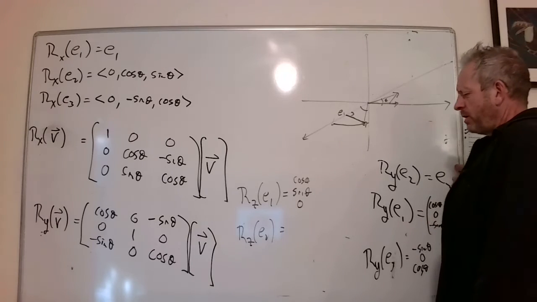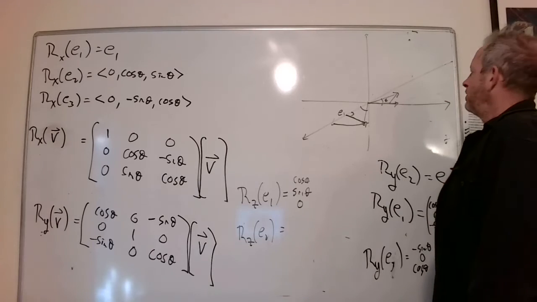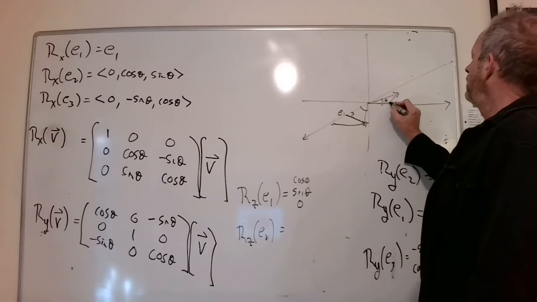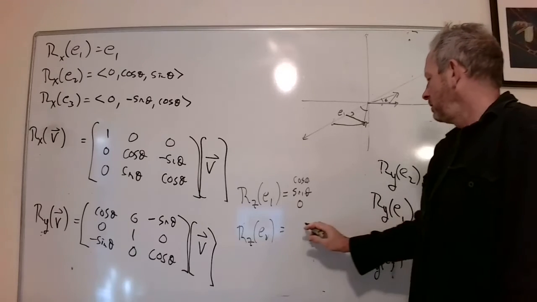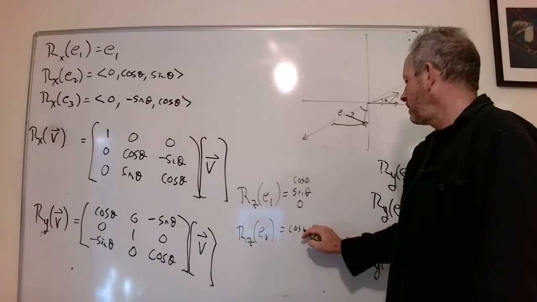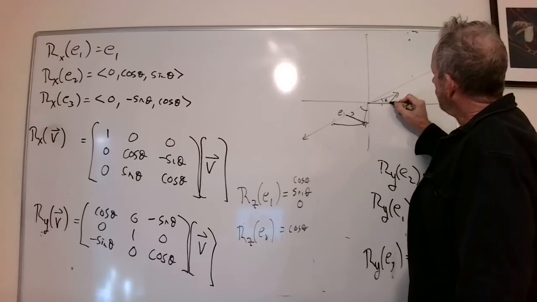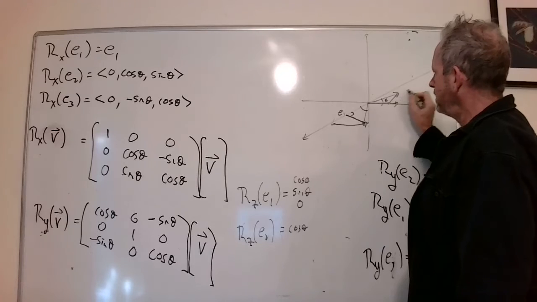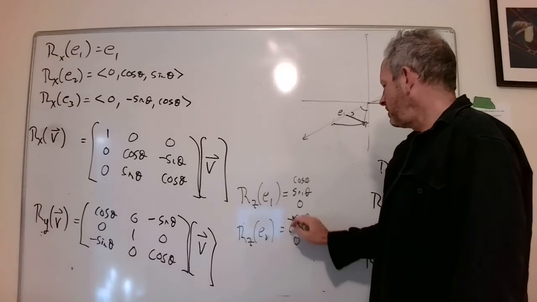When I say new y-coordinate, it's the y-coordinate of e sub 2 after the transformation. So what is this right here? That's cosine. So the new y-coordinate is cosine theta. What's the x-coordinate? Well, there's sine theta, but it's in the negative direction. So negative sine theta, and down here this is 0.